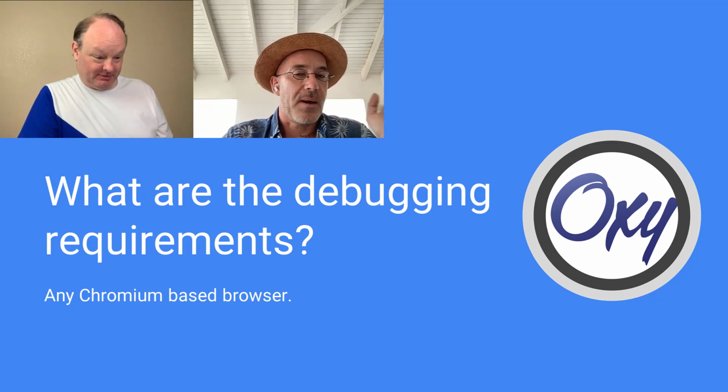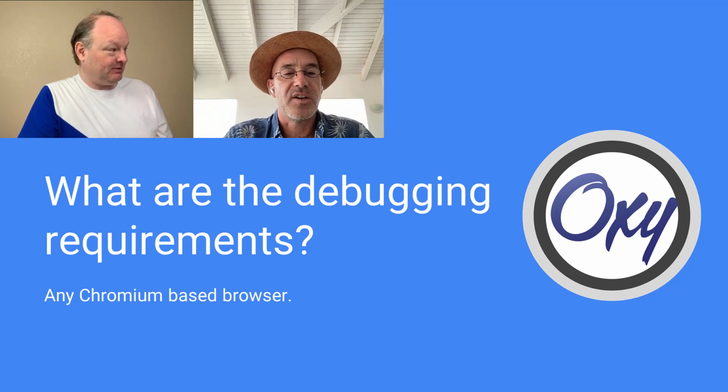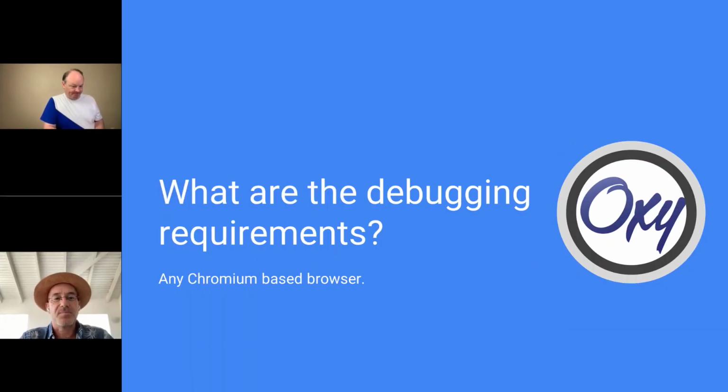I'm sure there are probably some obscure browsers out there that might not, but in general, anything modern really does support it. And for debugging, that's basically a design decision on our part. We're only supporting the Chromium debug API from our debugger. So you need Chrome, Brave, Edge, or any other more obscure Chromium-based browser is probably going to work as well. Okay.